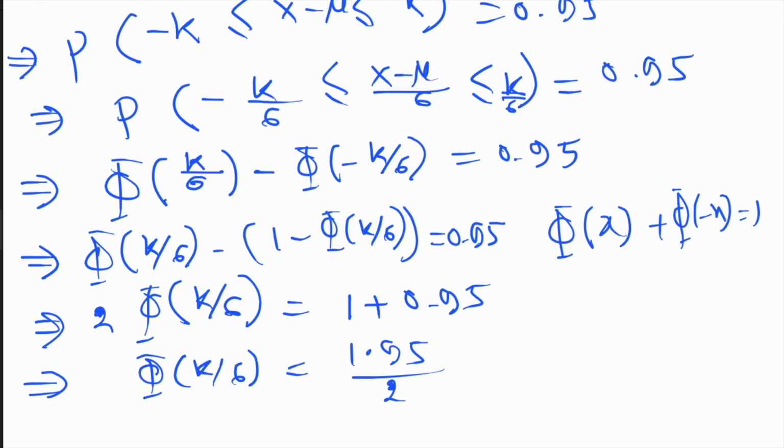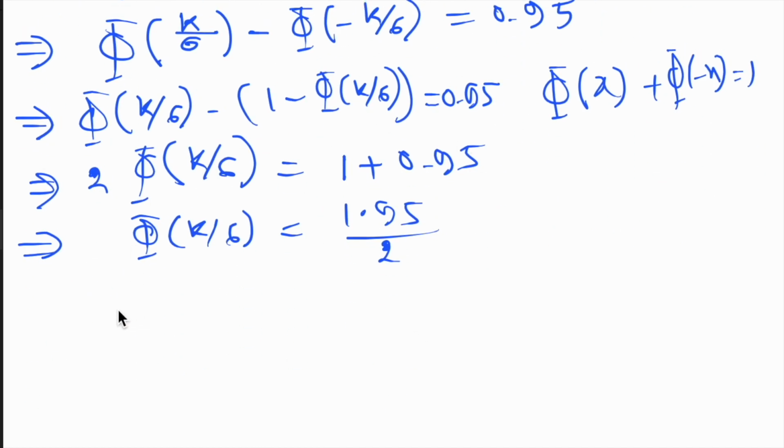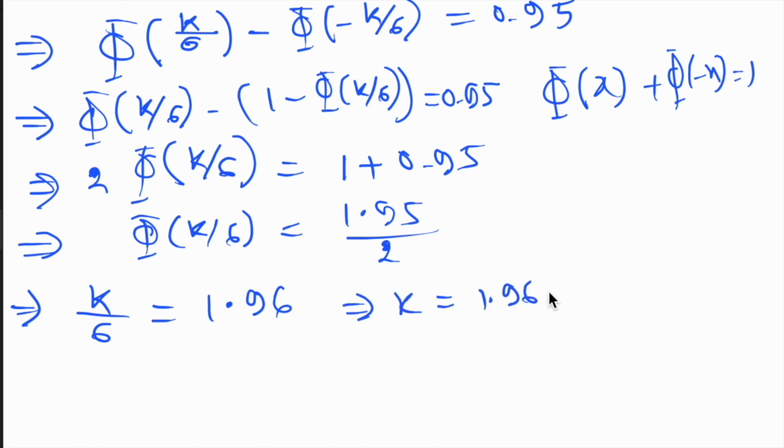From the table, we find the value at which the cumulative distribution function equals this: k by sigma equal to 1.96. So k equals 1.96 into sigma.